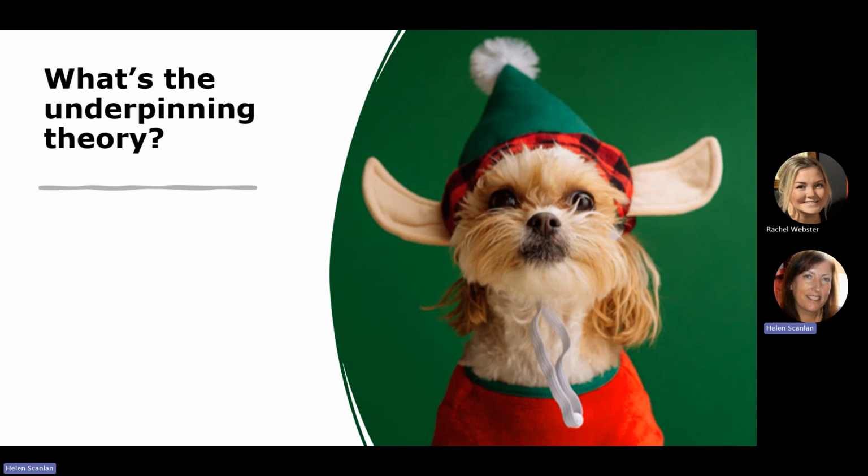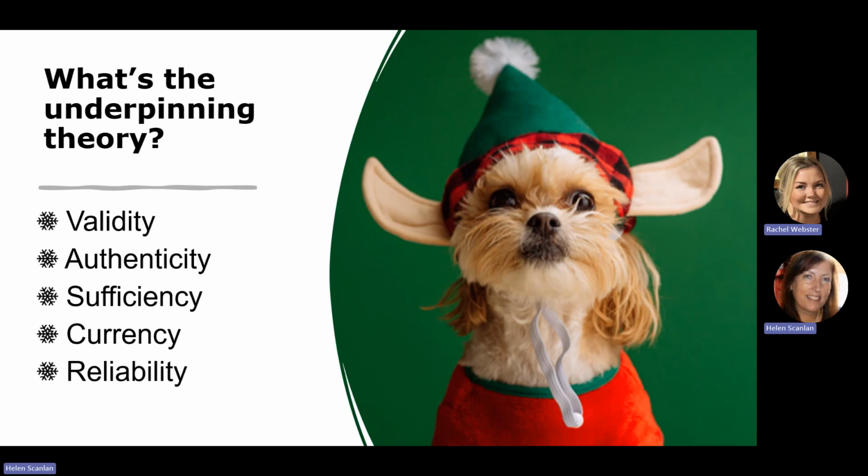Thanks, Rachel. So thinking about what we should be considering, the areas can be seen on the screen now. When carrying out assessment activities, assessors should consider how valid and authentic the evidence is. Is there sufficient evidence to fully meet the criteria? How up to date and current it is, and to what extent it can be reliably attributed to the learner who is presenting it.